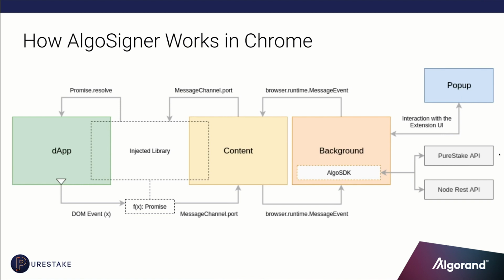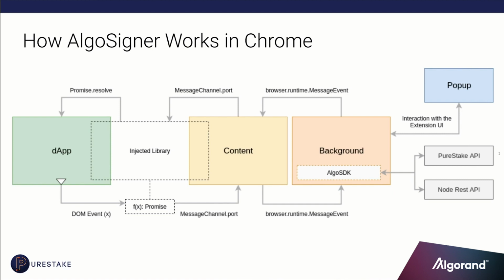Whenever you load a web page, AlgoSigner injects a little bit of code. It's just like an API connection to every web page that you open. And then the AlgoSigner library is available to any web page that wants to interact with it. That's what's represented there by the connections between all of the rectangles.